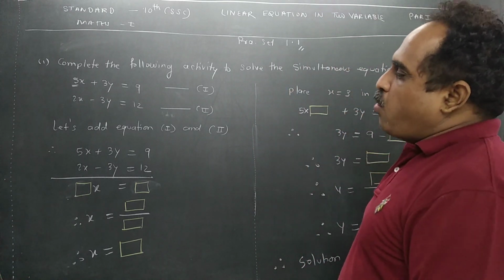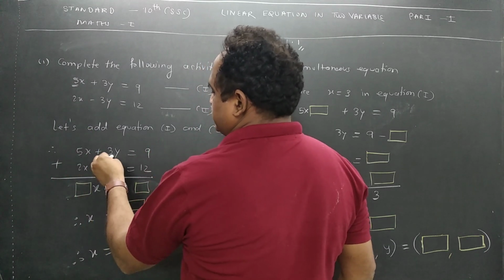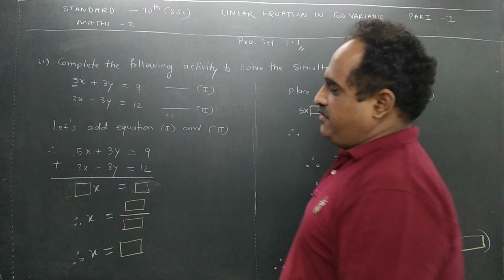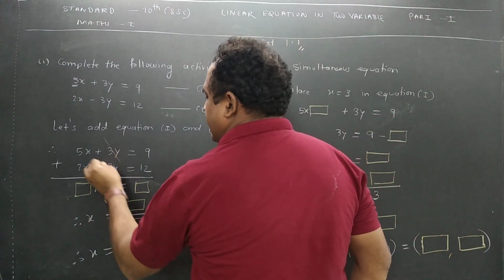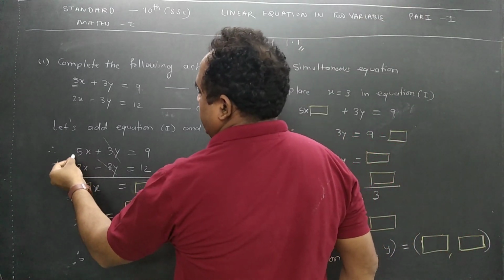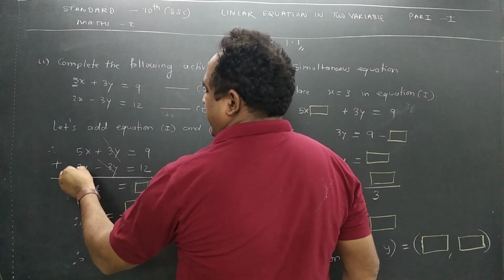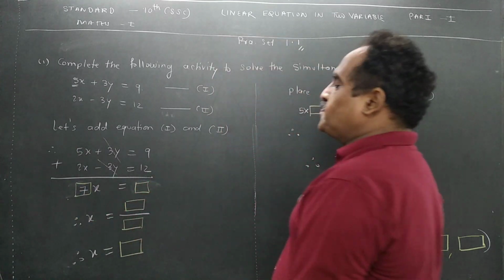So, while adding, we write the equation 5x plus 3y is equal to 9, and 2x minus 3y is equal to 12. अब क्या होगा? This 3y gets cancelled, correct? And 5x plus 2x is actually nothing but 7x.